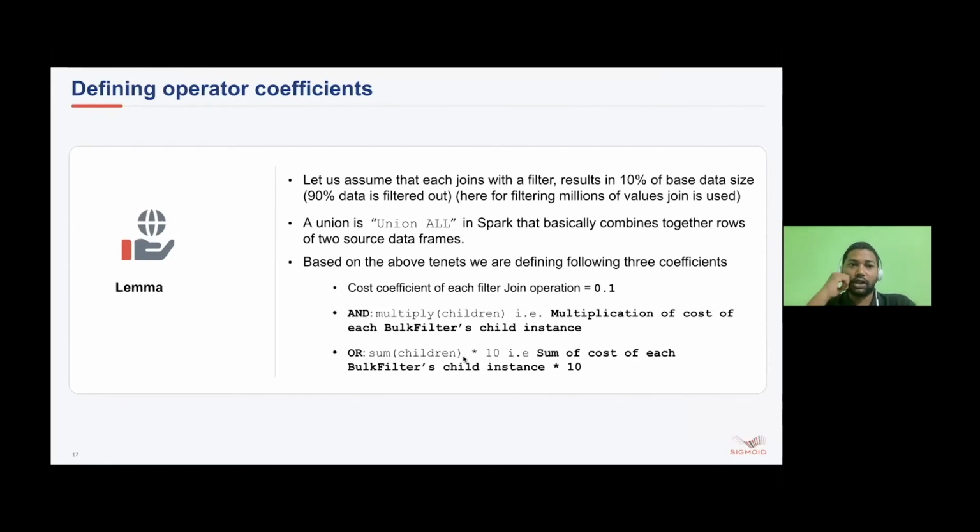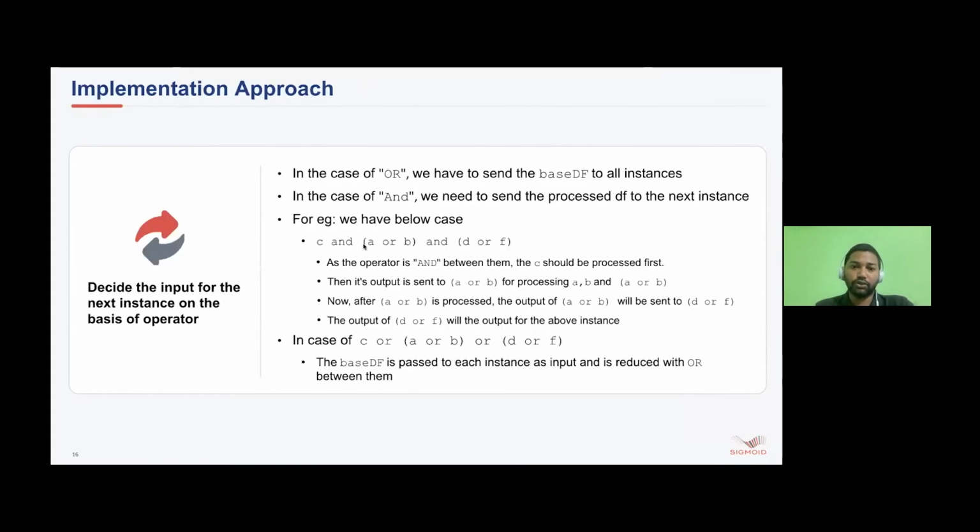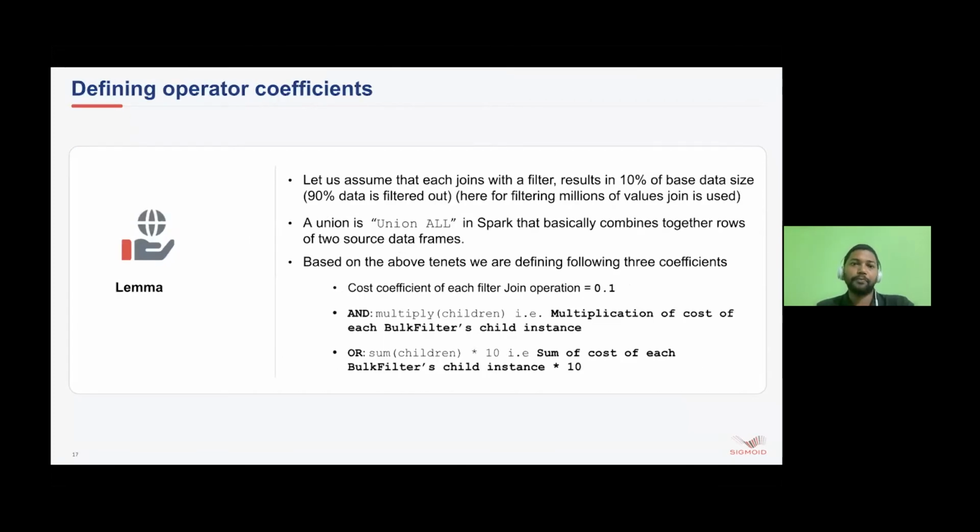So how do we define the operator coefficient, right? We have seen that we can do some optimization, but how to find the cost for each node and how to get there. When talking about the operator coefficient, we assume that whenever a join is applied, our base filter, right, is a join. So we have millions of values and we apply a join to filter out.